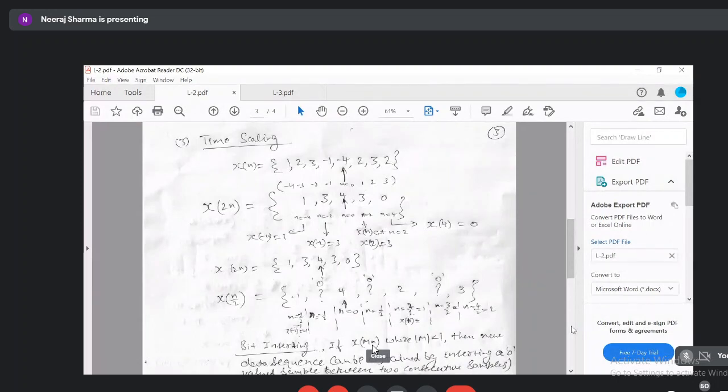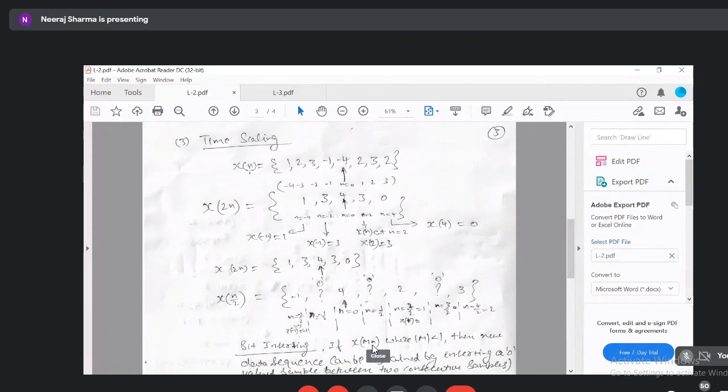Because in case of CT signal, the x-axis was a continuous parameter. The x-axis can take any value, that is small t can take any value. Whereas in case of discrete time signal, the x-axis parameter can take only integer values, that is small n can take only integer values. So let us start with certain examples, and after that it will be more clear to you how we do the time scaling operation in discrete time domain.